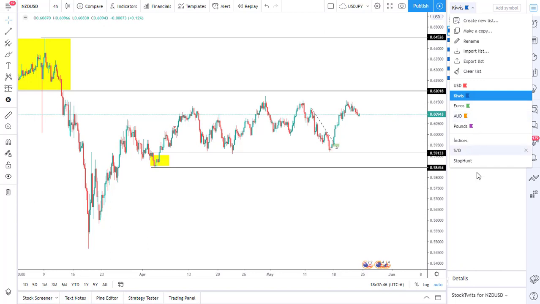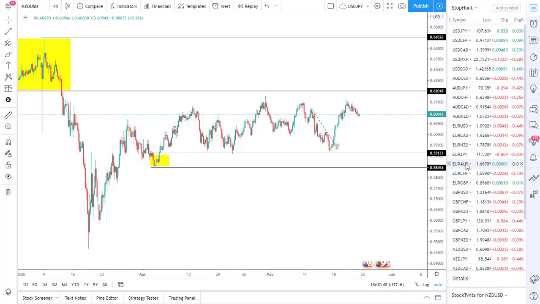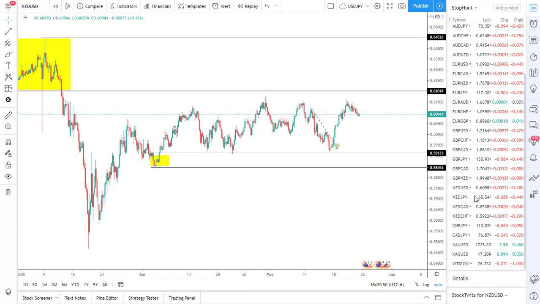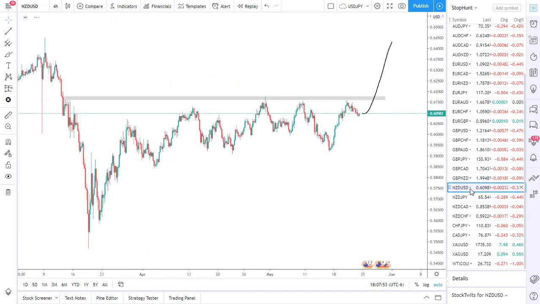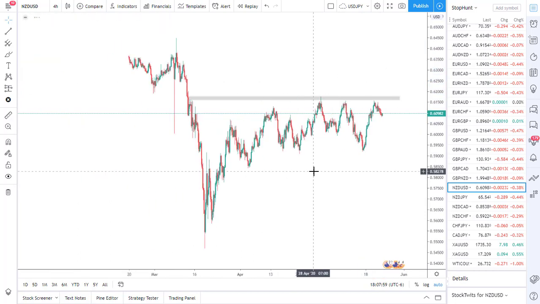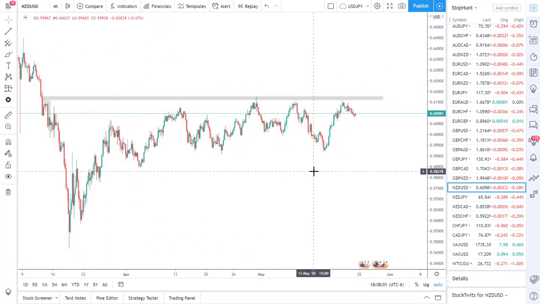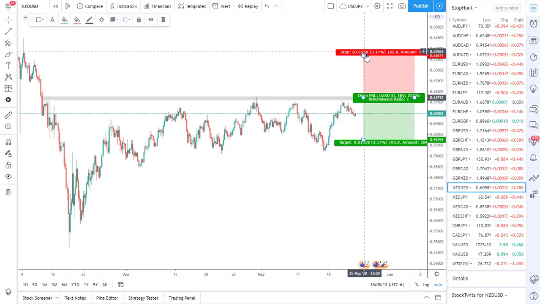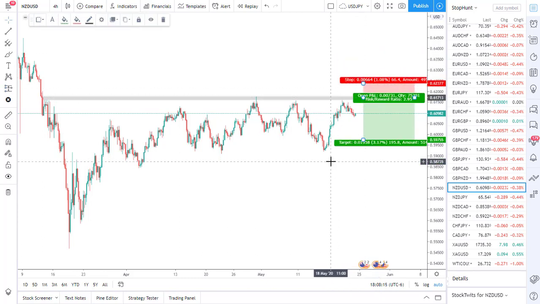Let me switch to my stop hunt list. NZD USD, there it is. This is something I was sharing with my Spanish community. First, on the 4-hour level, see that we have an accurate resistance level. So guess who might be selling there? Guess where those stop losses might be. Exactly, something like this.